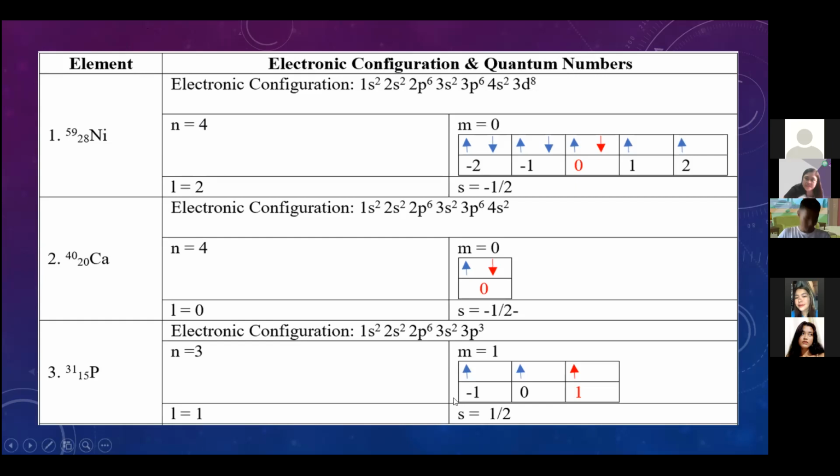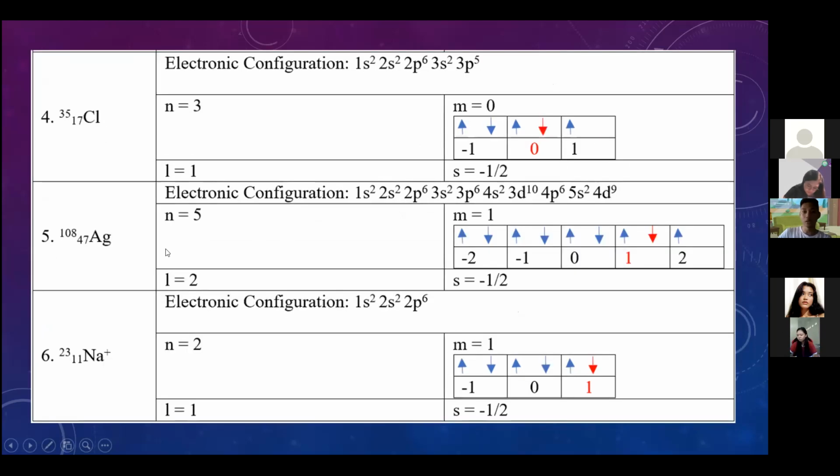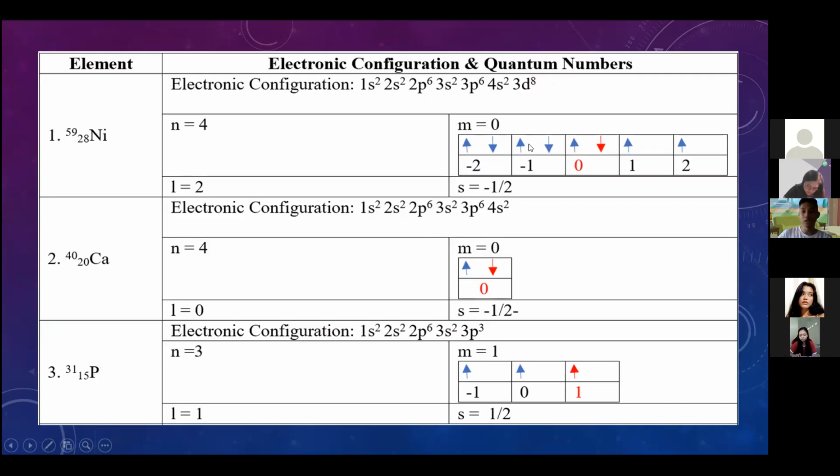For nickel, the angular momentum quantum number is 2, because in the given 3d8, D is equivalent to 2. For the magnetic quantum number, the exponent is 8, so you count 8 arrows: 1, 2, 3, 4, 5, 6, 7, 8.